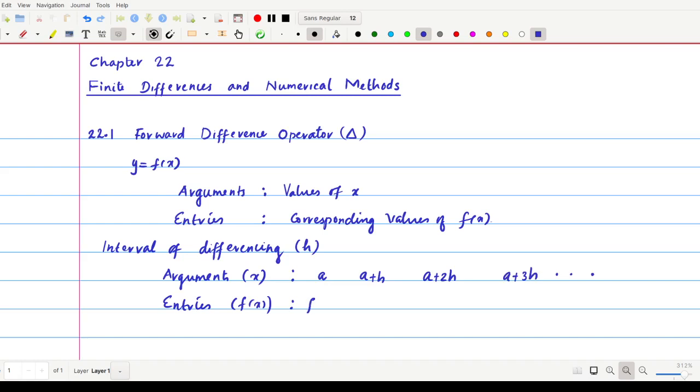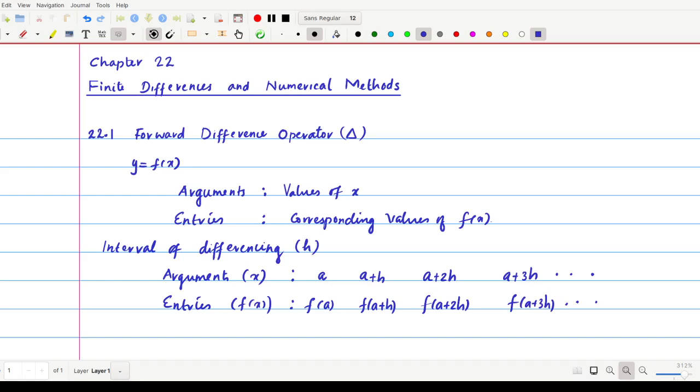The corresponding values are f of a, f of a plus h, f of a plus 2h, f of a plus 3h, etc. These values are what we call entries.